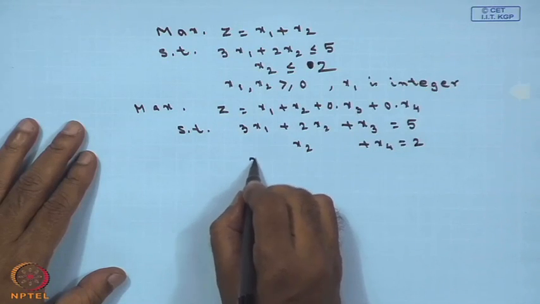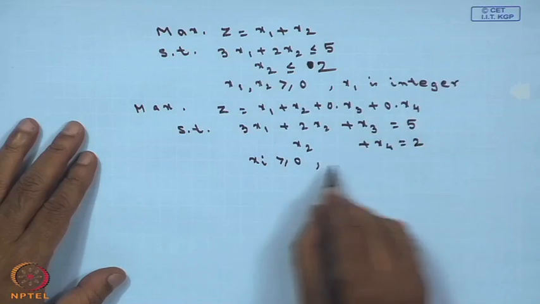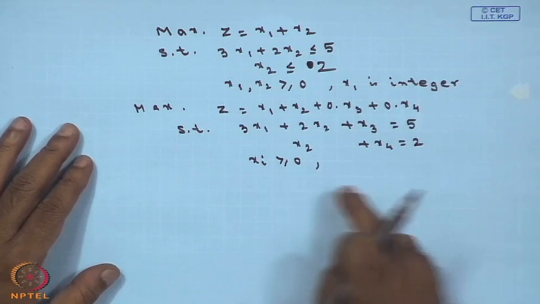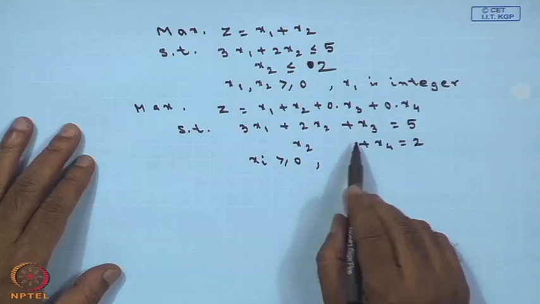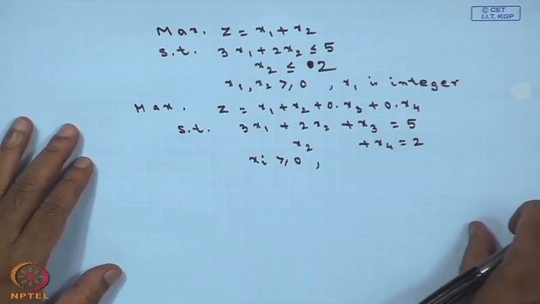Obviously, x i greater than or equal to 0 and x 1 is integer. So, this is the initial or standard form. Therefore, in the basis x 3 and x 4 will enter, they are forming the identity matrix.